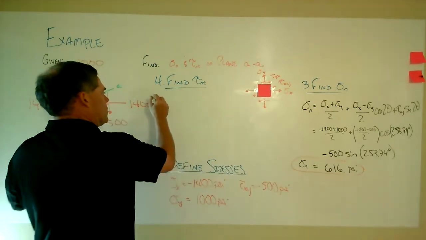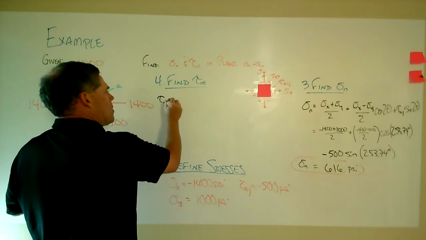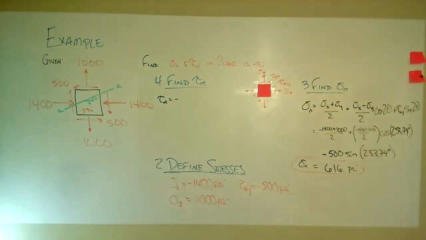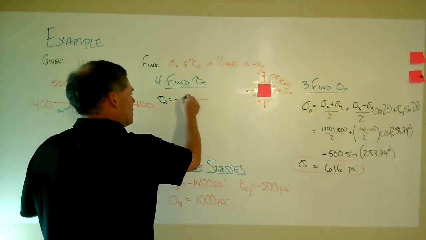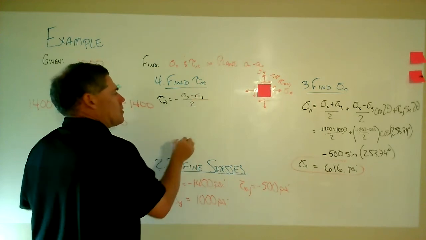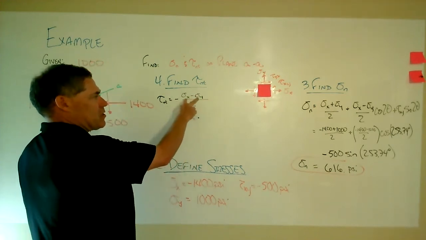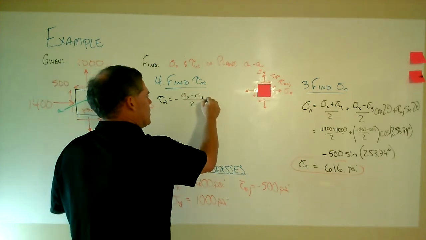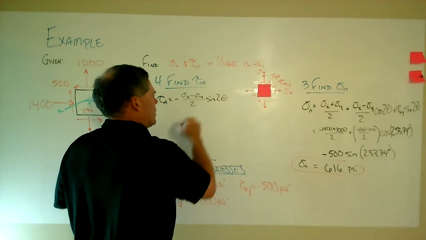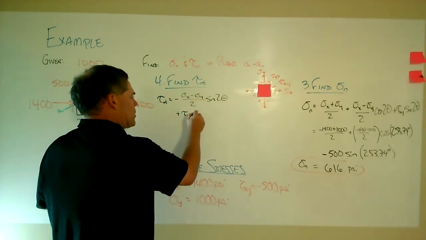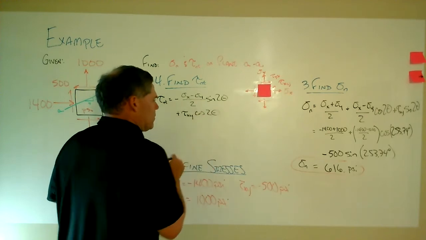That expression will be minus, now I have to cheat and look this up again, it's minus the difference term. Sometimes you don't see the minus sign in there, they just swap the sigma x and sigma y, so you've got to be careful there. Times sine of 2 theta, and then plus tau xy times cosine of 2 theta.